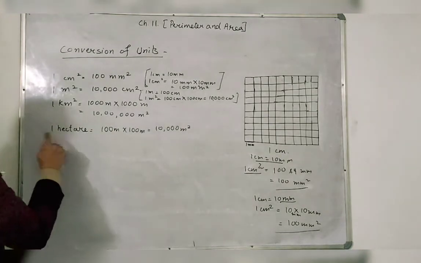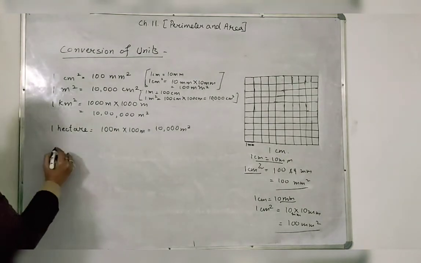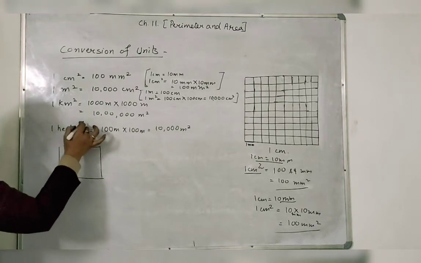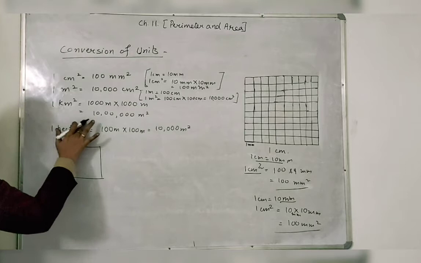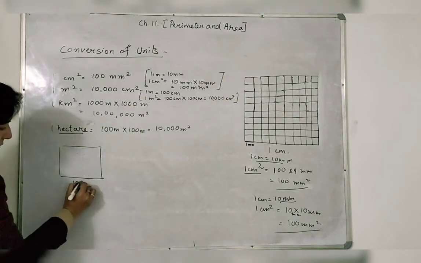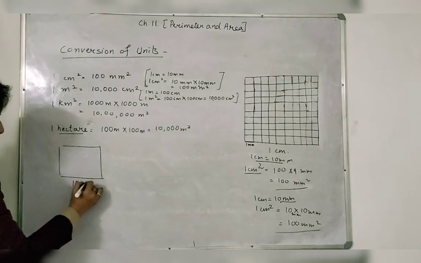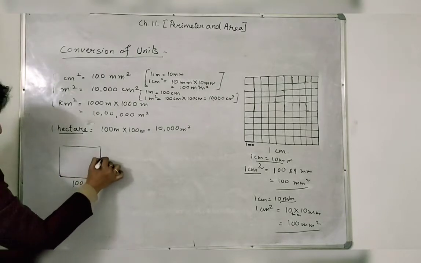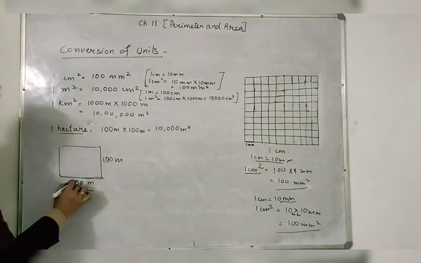Now one more new thing is here, that is 1 hectare. The name hectare is given to an area only. Why is square not here? Because it is the name of the area only. Which area? It is an area having sides of 100 meters. Suppose this is 100 meters and this is 100 meters.